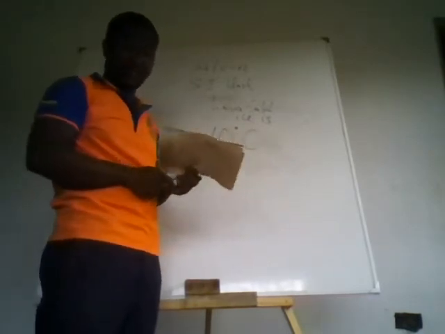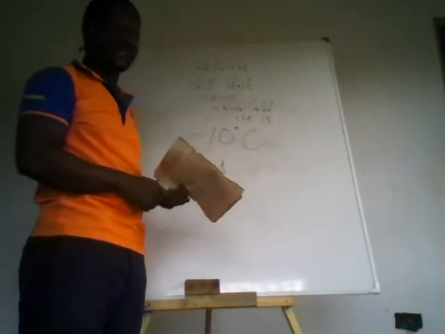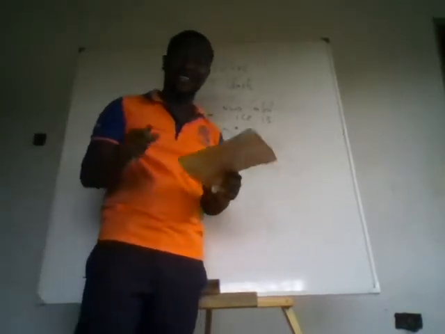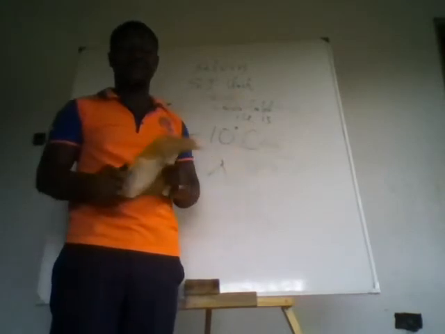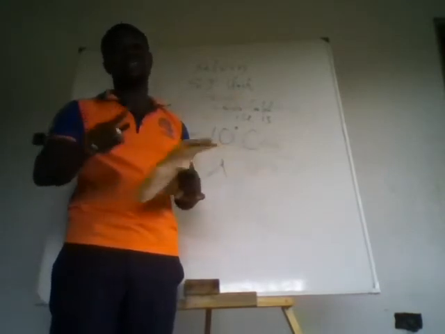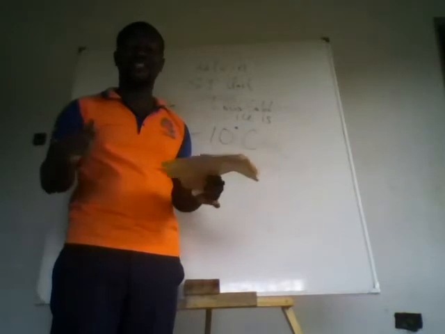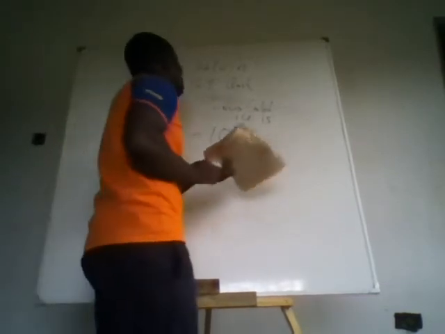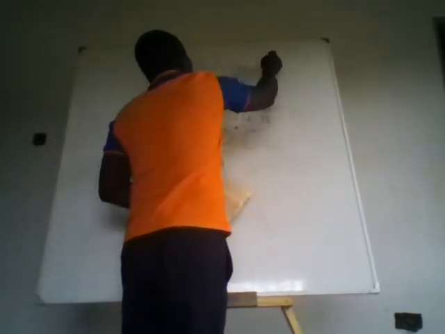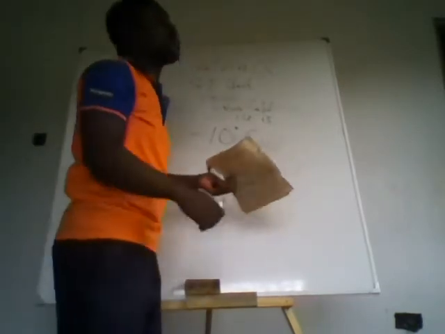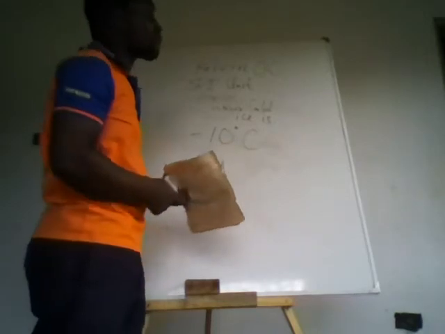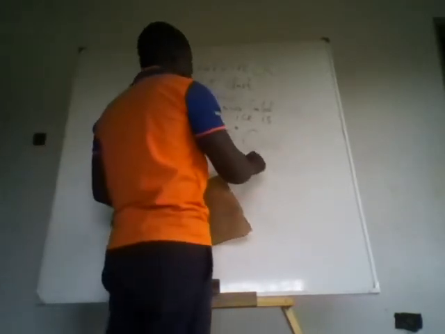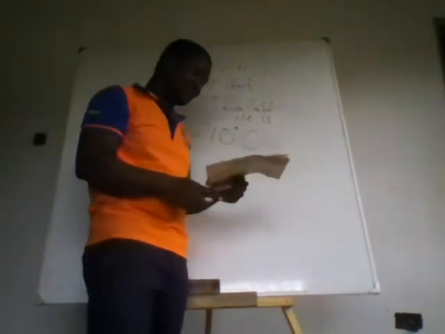Do not forget. Do not say it is degrees Celsius. No. SI unit is the system international unit, the recognized unit in the whole world. It says it is Kelvin, and Kelvin is represented by capital K. So if you measure a temperature and you get, let's say, 400, then you write 400 K.